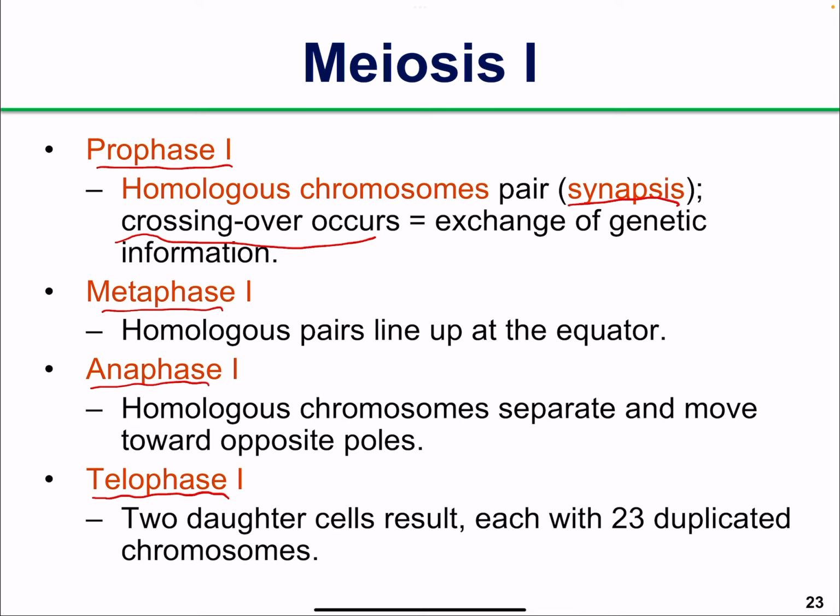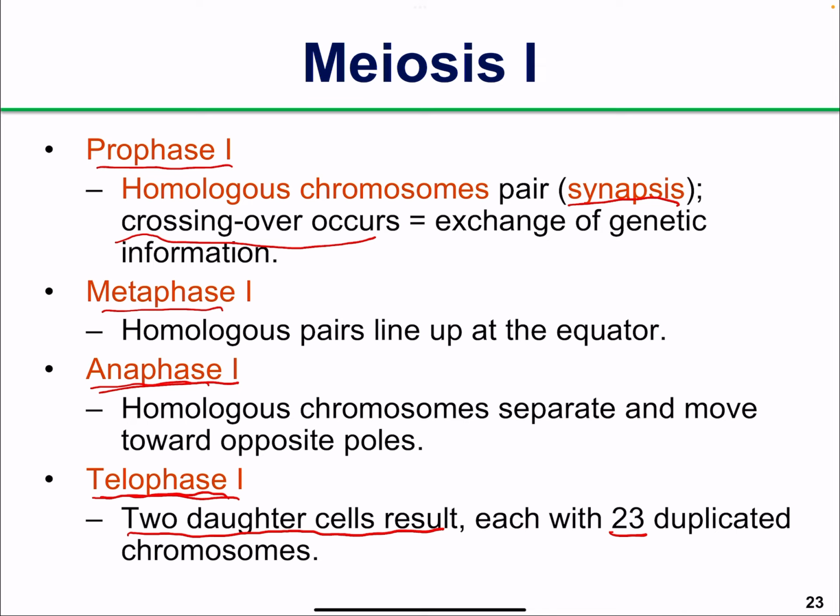And eventually, anaphase 1 is going to lead to the separation of the homologous chromosomes moving toward opposite directions. And eventually, in telophase 1, we're going to have two new daughter cells that each is going to have one set of chromosomes from the homologous pair, so only one set, right?